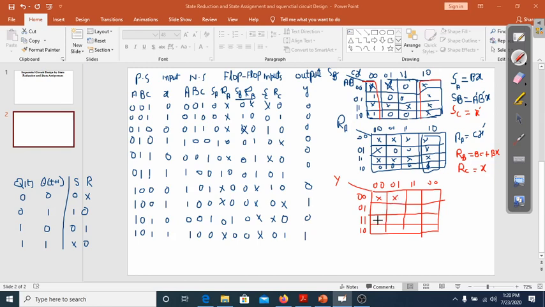We have 6 combinations which are don't care, so I'm filling those combinations first. Now Y is equal to 1 for combinations 1001, 1011. For the remaining it is 0.